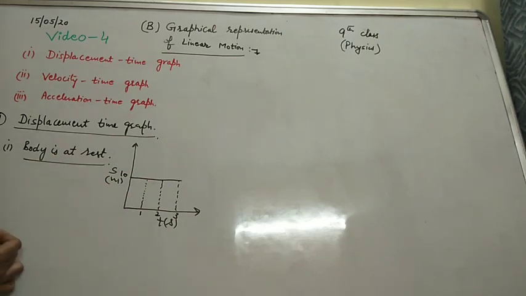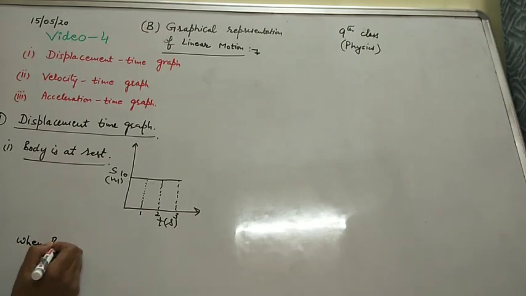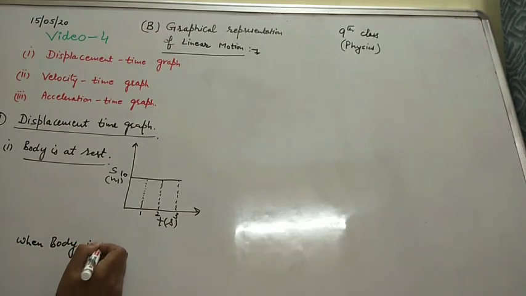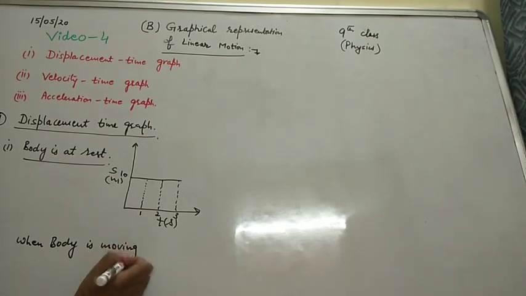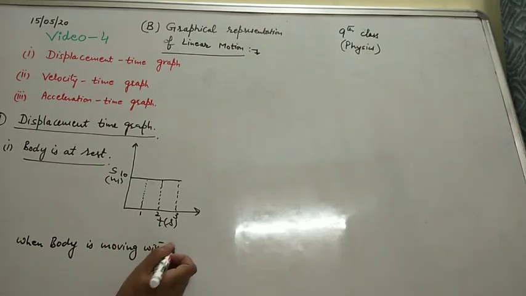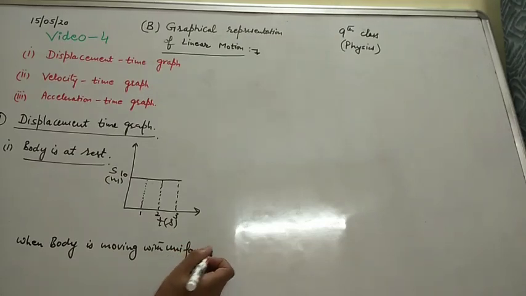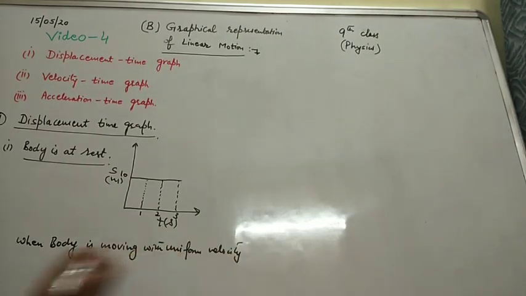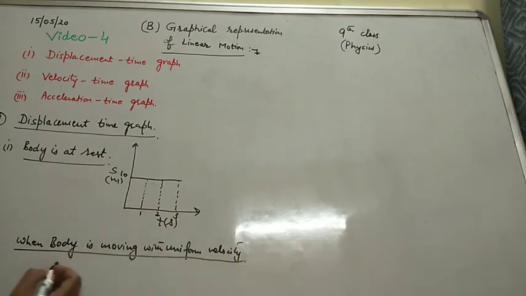Second one, when the body is moving with uniform velocity, for that case here is the displacement time data.